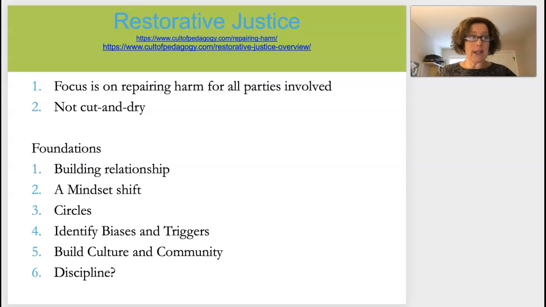Number two, we have to have a mindset shift. And I'm going to read again a little bit from these particular sources. Everything that a kid does shouldn't have to have a consequence. I mean, if a kid gets angry and says something to another kid and that kid gets mad, do they need detention for that? Or do they need to just fix the problem and not be mad at each other?